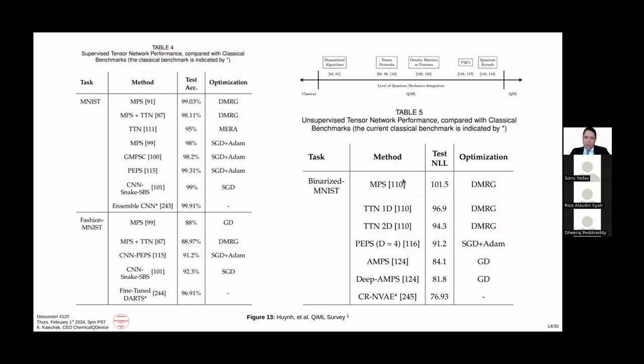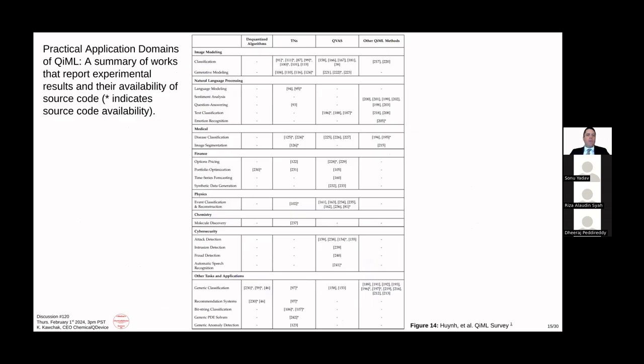And you'll see in this bottom right one, they basically said that for binarized MNIST, which is an easy task, typically 2 classes out of 10 digits, the MPS is doing better than some of these other approaches, with the classical actually doing fairly worse than the other methods here, classicals by the star.